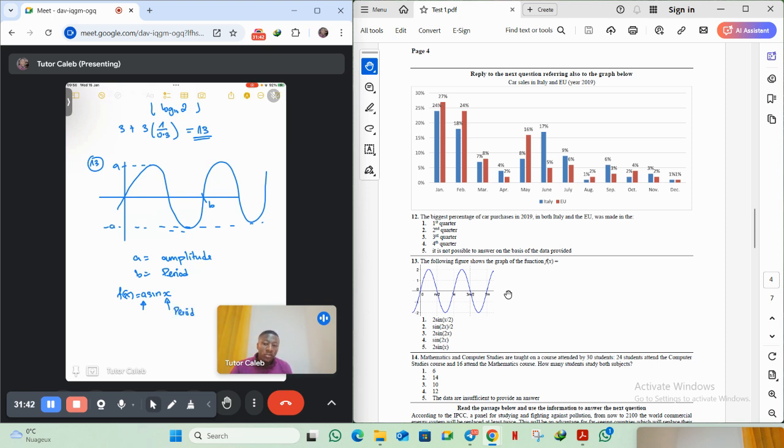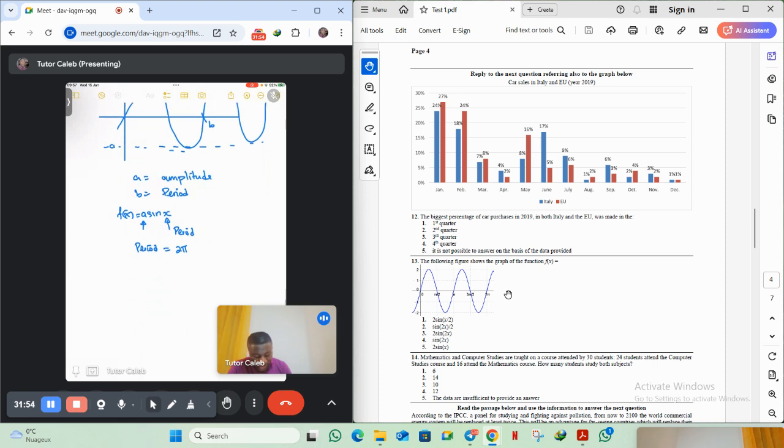For a function of a sine x, the period is 2 pi. But now what happens if you have sine x and your period is 2 pi? What if you have sine 2x? Your period will not be 2 times 2 pi, but rather it will be 2 pi divided by 2.